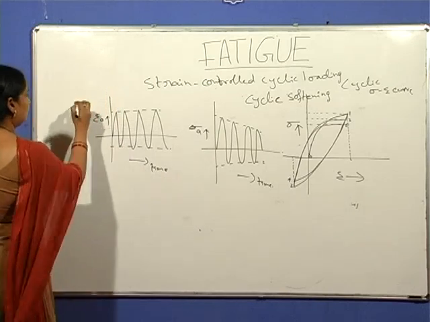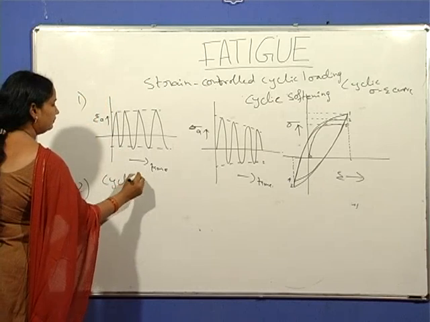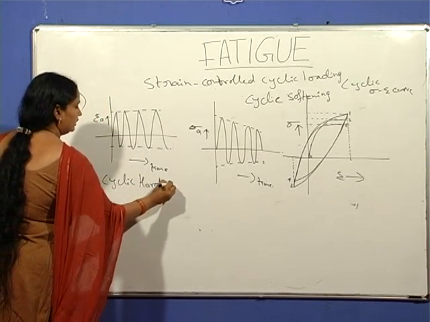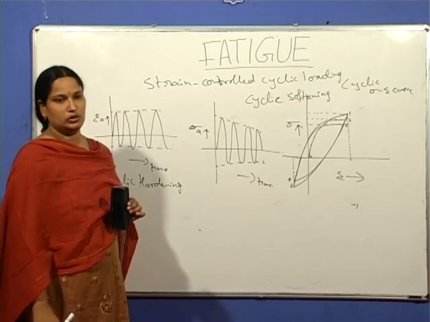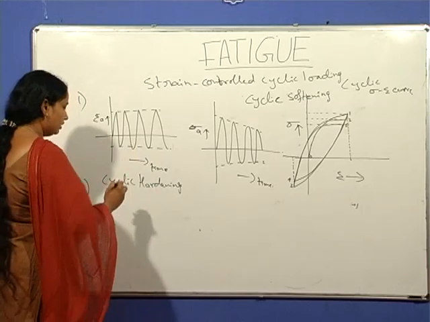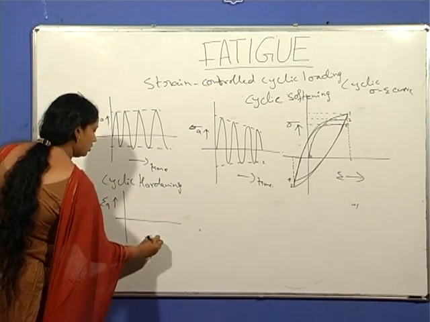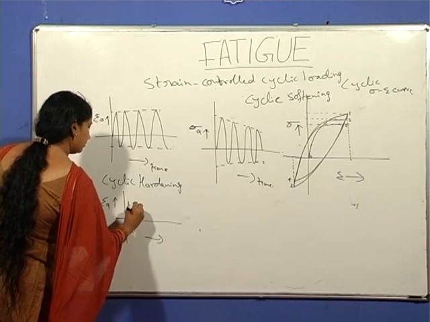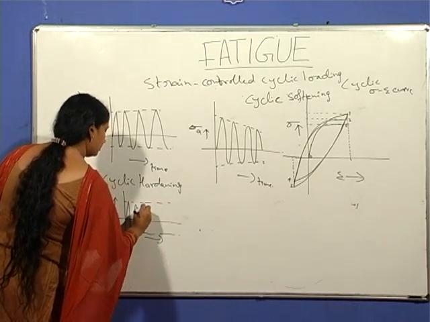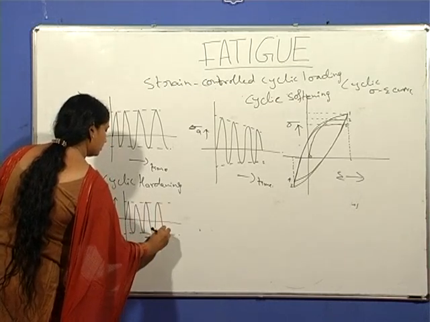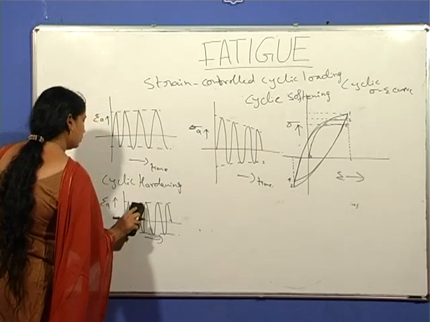Next, for the case of a soft material, that is an annealed material, when it is subjected to strain controlled cyclic loading, again the parameter that is maintained constant is the strain amplitude. So this is the strain amplitude which is maintained constant.